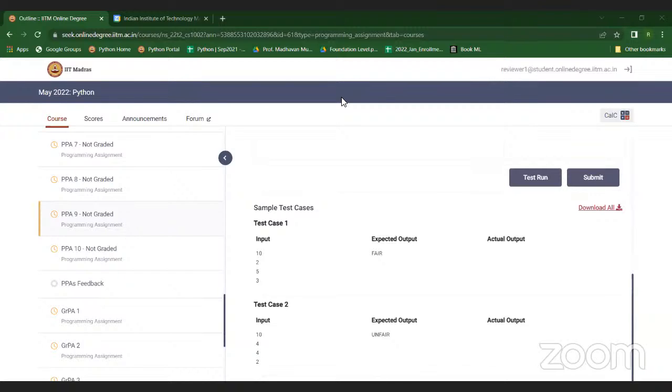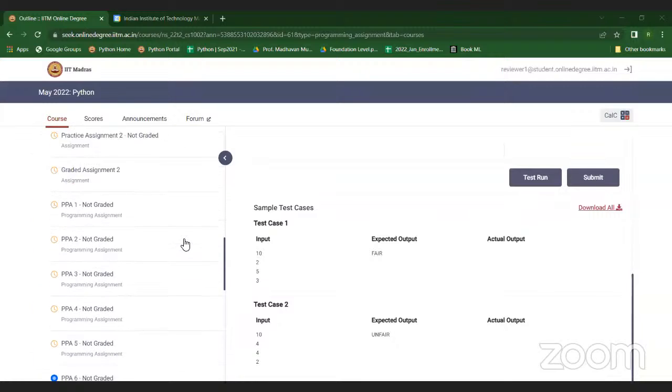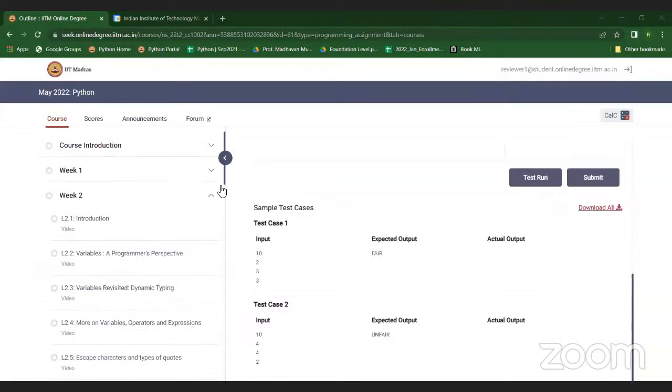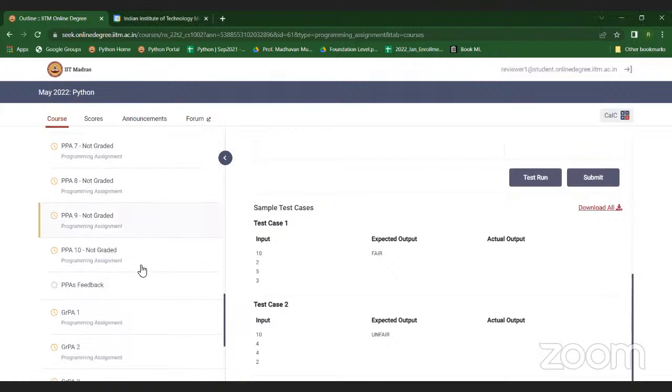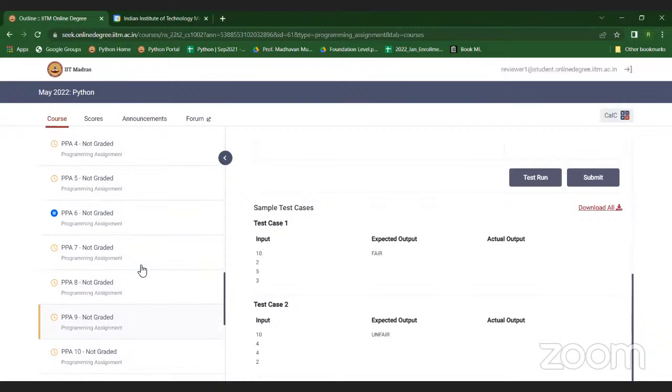Sir, in the meanwhile, I have a doubt from the previous week. Can I ask you that doubt now? In week 2, I have a doubt in that line problem, which is PPA 5, if I'm not wrong. Okay, PPA 5 of week 2, right? Yes, sir.